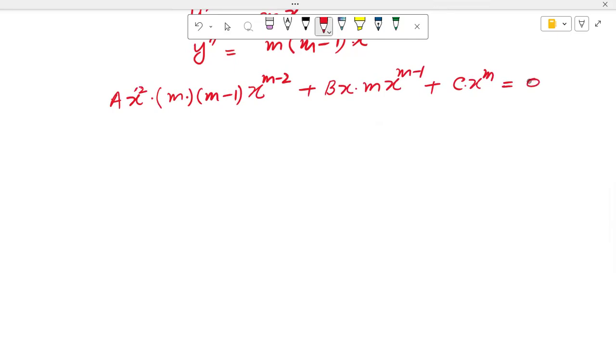And for homogeneous solution, we have to set f of x equal to 0 on the right hand side. So if we simplify all the terms, we have x raised to the power m, so we can divide the equation by assuming that x raised to the power m is not equal to 0. So the equation becomes a m squared plus b minus a times m plus c, and it is equal to 0.